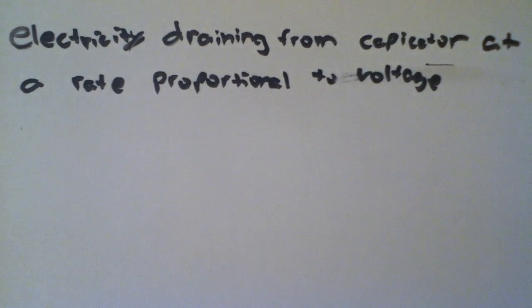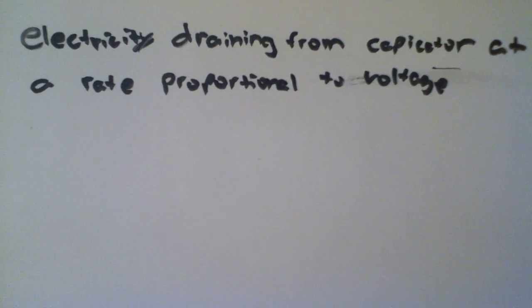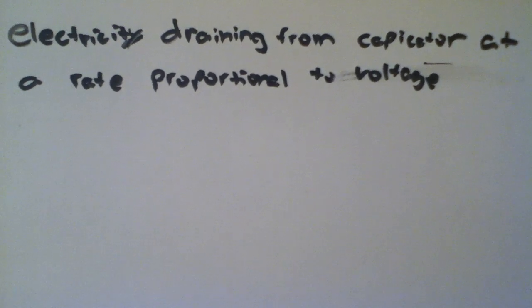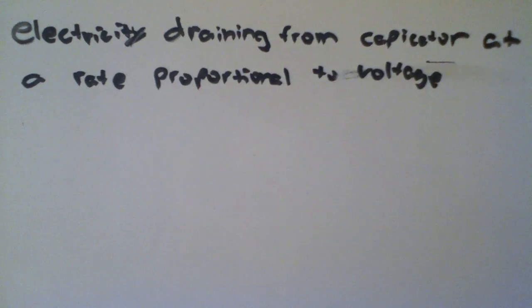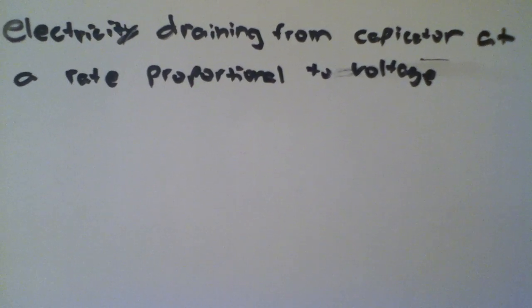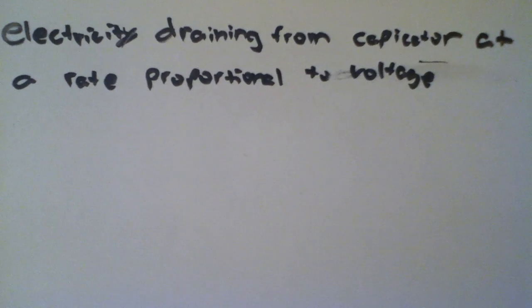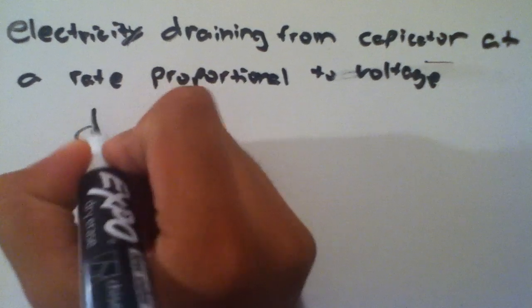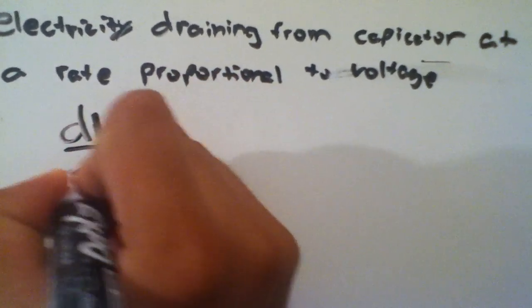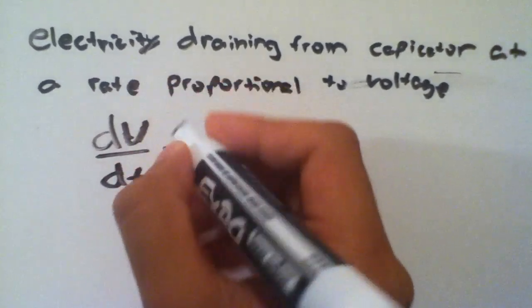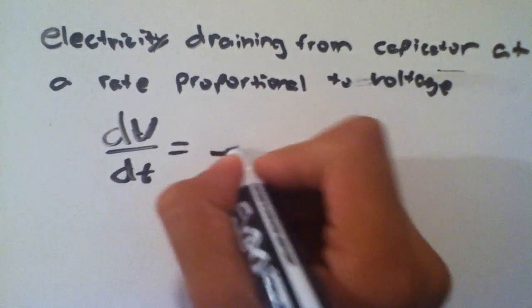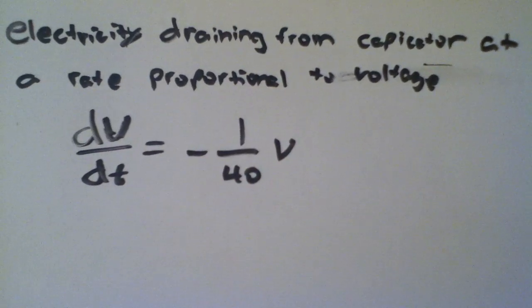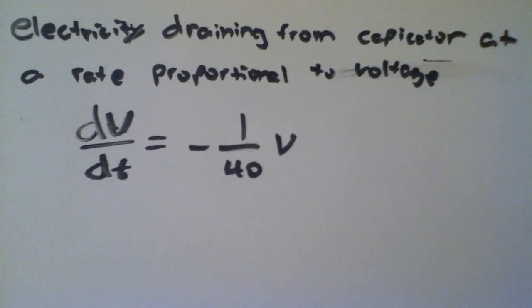In addition to this, we're given dV over dt, the differential equation of how quickly it's changing, and we know that it is equal to negative 1 over 40 V. So it's obviously decreasing, it's negative.